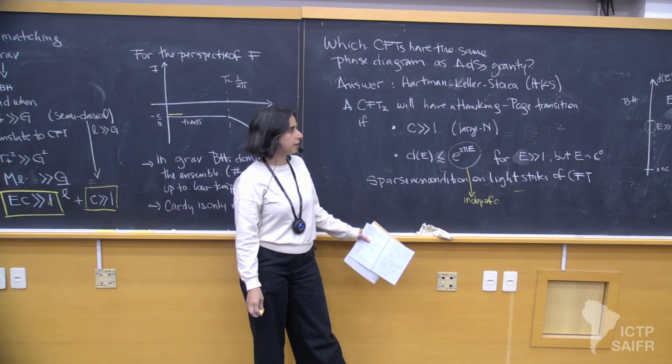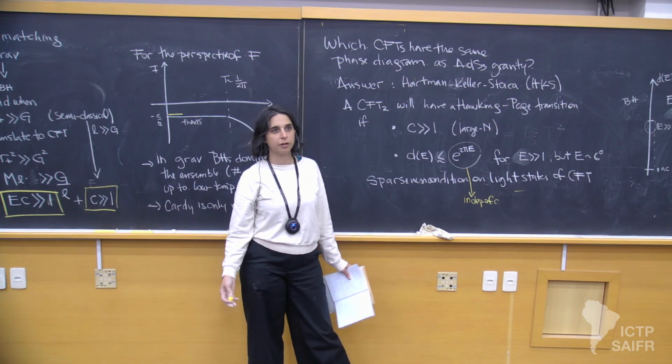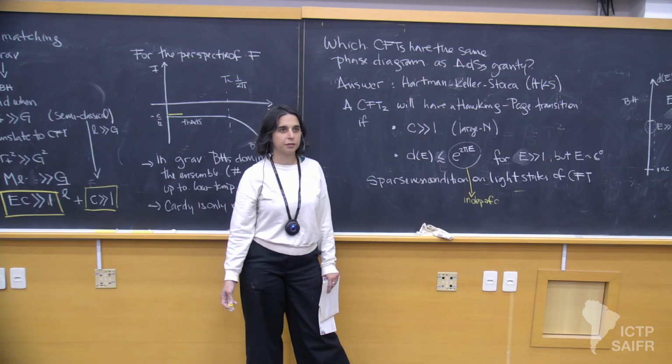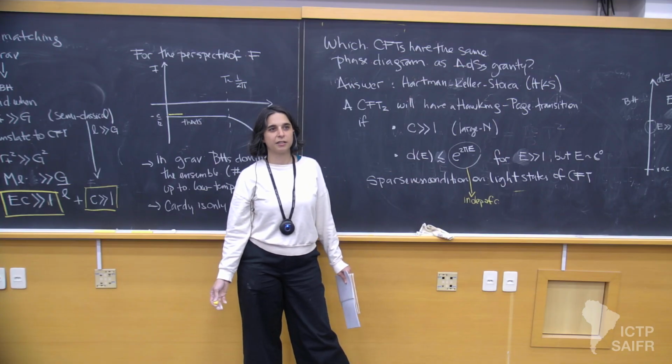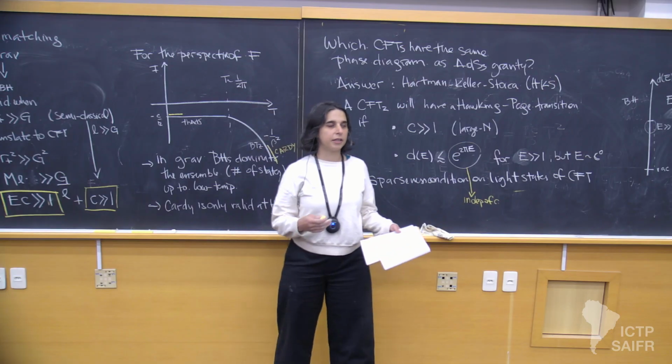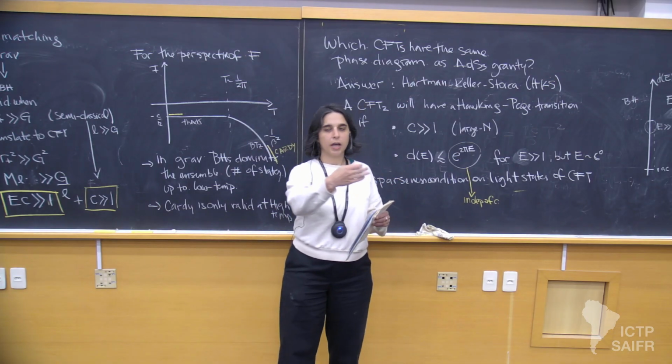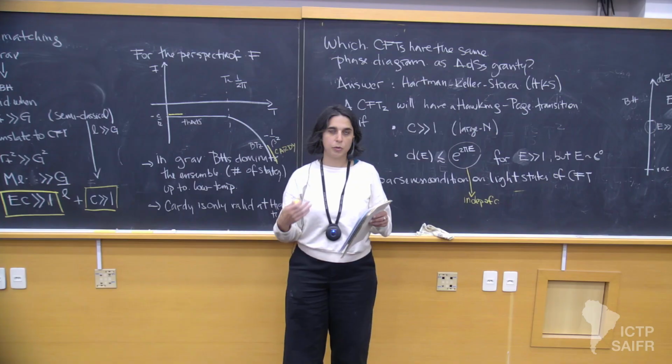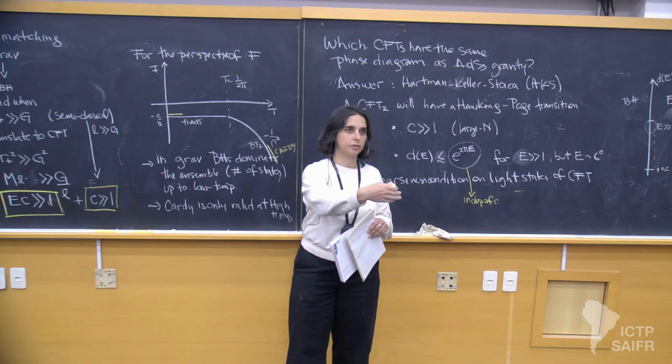It's a state that has energy that is not controlled by the central charge. So like a descendant. You're taking the central charge to be very big, and you're looking for states whose energy is not controlled by the central charge.